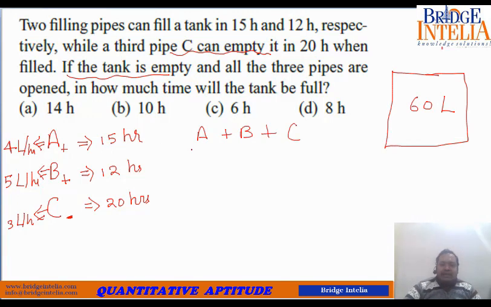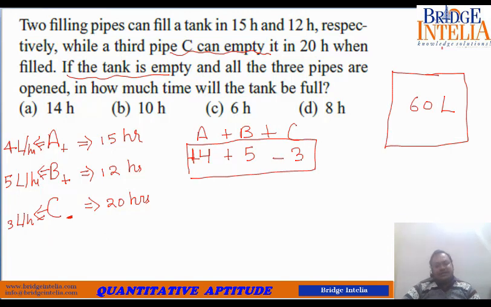Pipe A is carrying water inside. Pipe A is trying to do positive work, plus 4. Similarly, pipe B is also trying to do positive work, carrying water inside. Whereas pipe C is doing negative work, taking water outside. So minus 3. So what is the net effect? Net effect is plus 4 plus 5 minus 3, so net effect is plus 6.